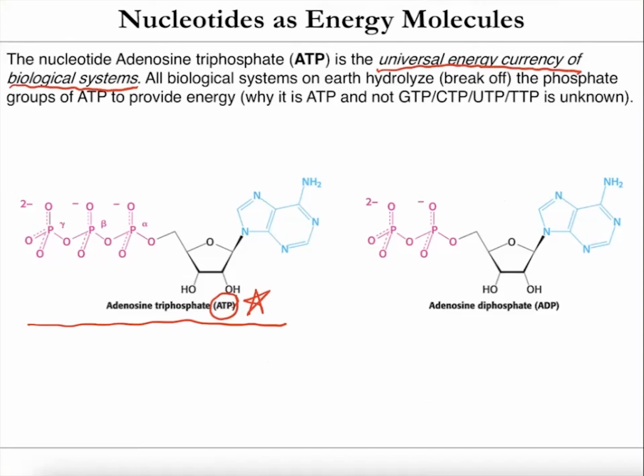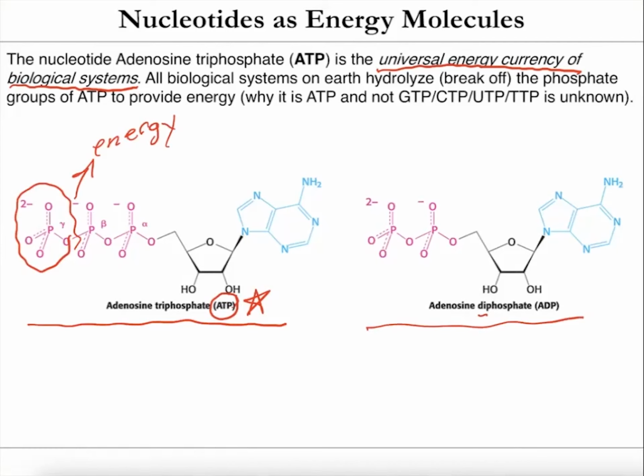ATP is the universal energy currency because it provides energy: if you break off this bond here, or even more of the phosphate bonds, you're left with ADP, adenosine diphosphate, and energy is released when you break that bond. And it's the universal energy currency because every living system, from elephants down to the smallest bacteria, uses ATP as their energy source.